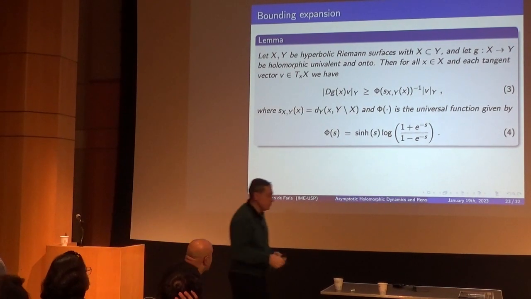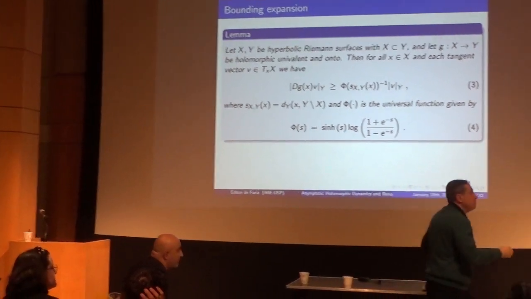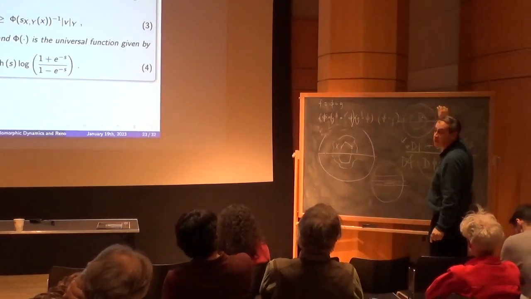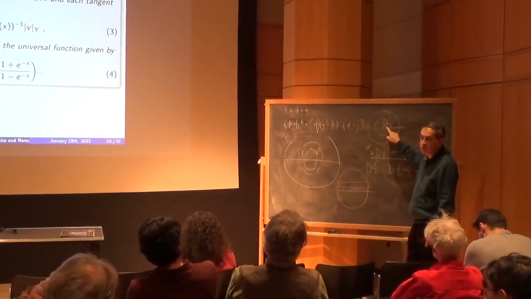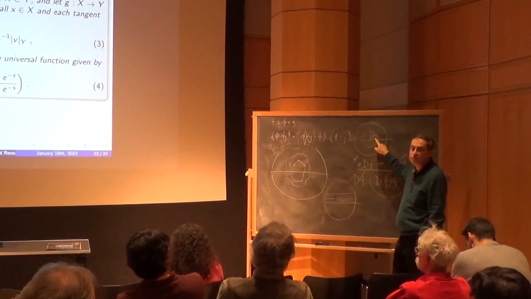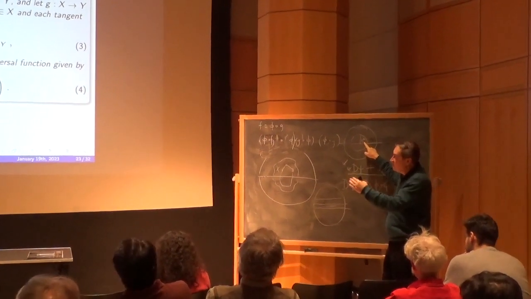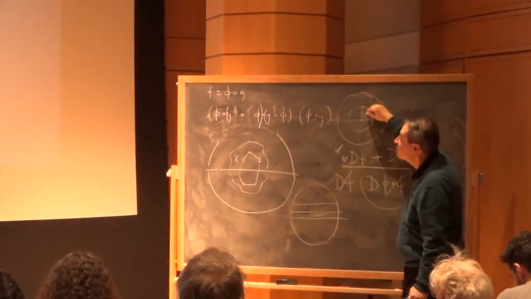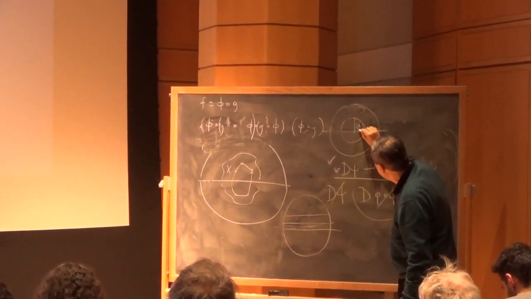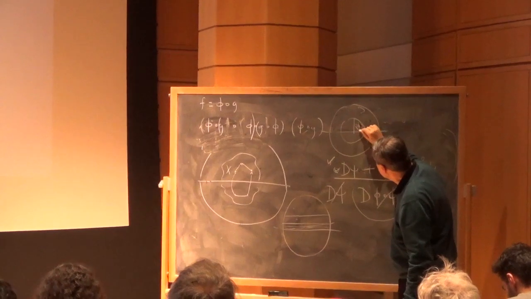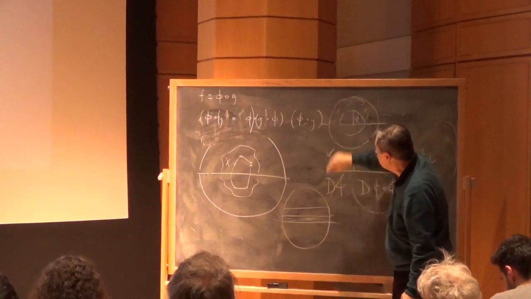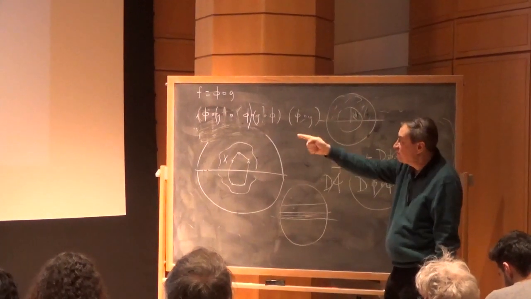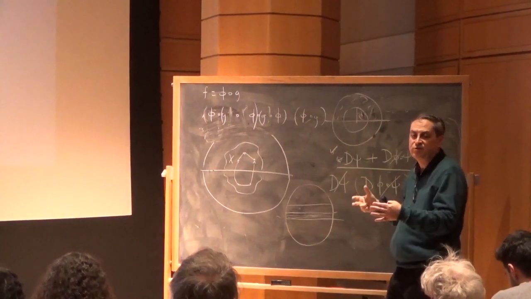So I'm in this situation: I have a point here, and I'm applying the map. If the point is very close to the real axis, this estimate is not going to tell you much. Yes, if you're very close to the real axis, the distance between this point and the complement of x inside y is huge. So this phi is very close to 1, so you're not getting much expansion.